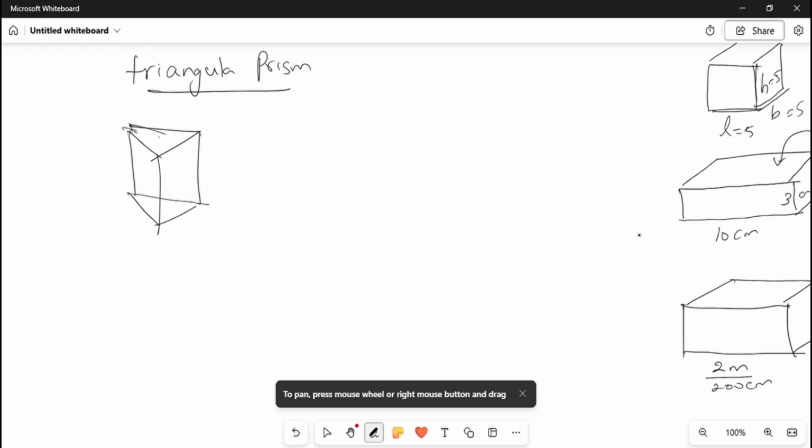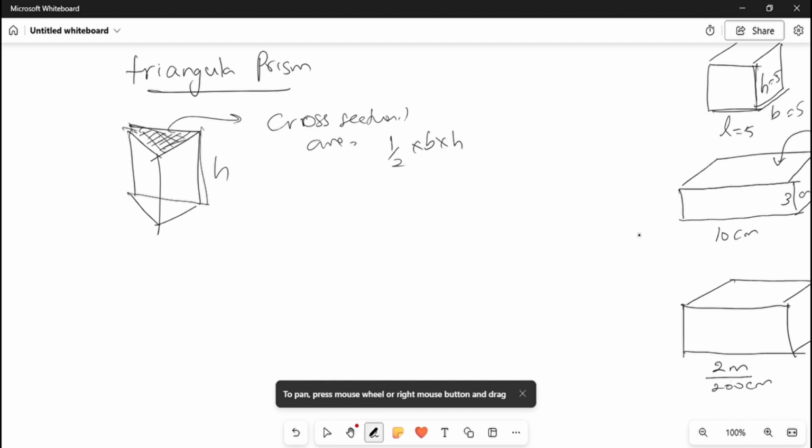So here also we can apply the same theorem, cross-sectional area into height. Cross-sectional, being a triangle, cross-sectional area is half into base into height.